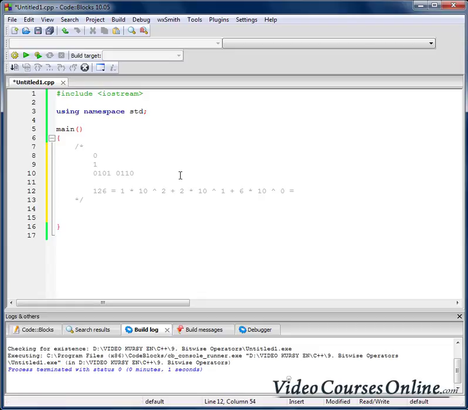As you can see, the first part is equal to 100, the second is equal to 20, and the last is equal to 6, because 10 raised to the power of 0 is 1, right? So 1 multiplied by 6 is 6.